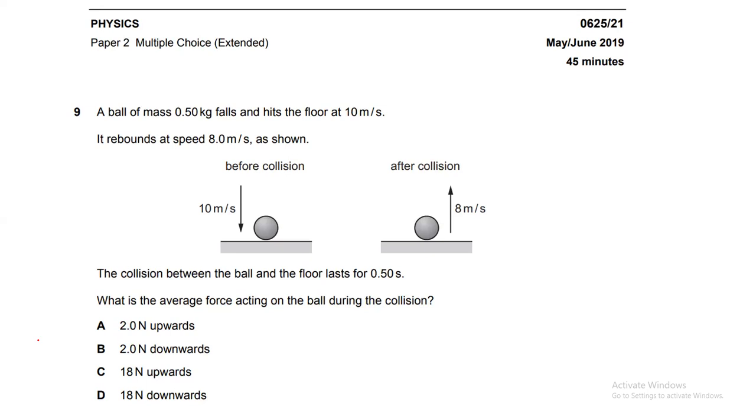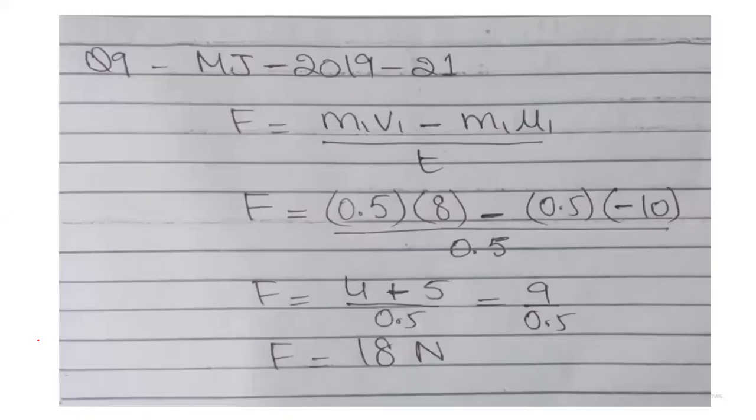F is equal to change in momentum divided by time. So very easily we can find out. Okay, here we have the change in momentum, which will be m1 v1 minus m1 u1, the whole thing divided by t. So 0.5 multiplied by 8 minus 0.5 multiplied by minus 10. Why did I put a negative with it?